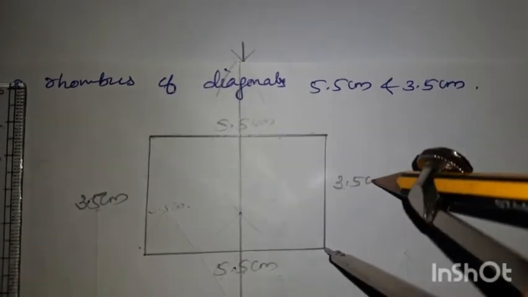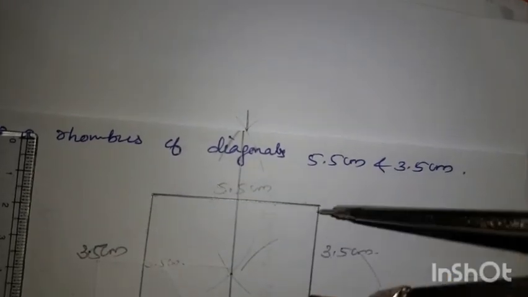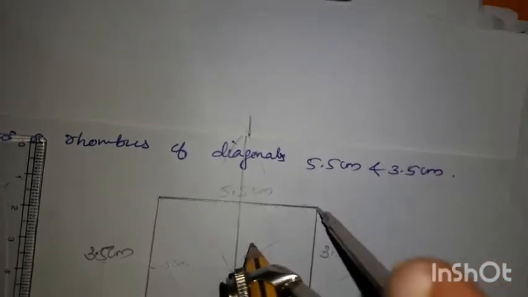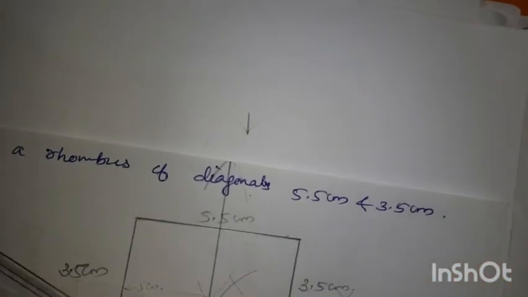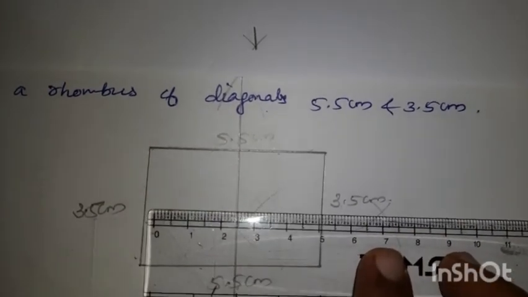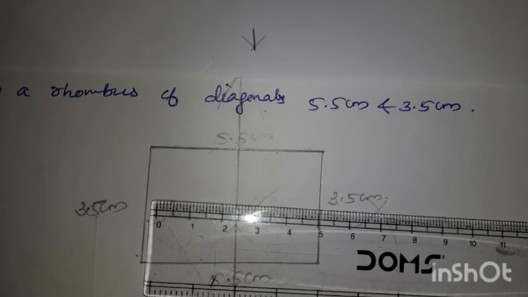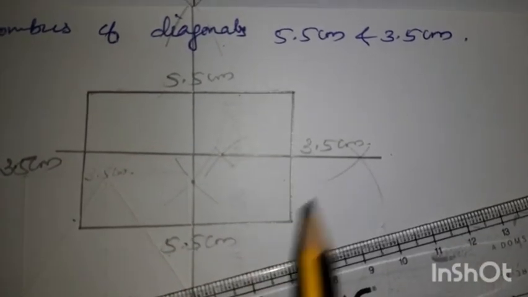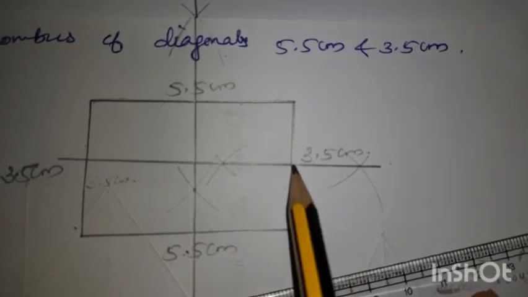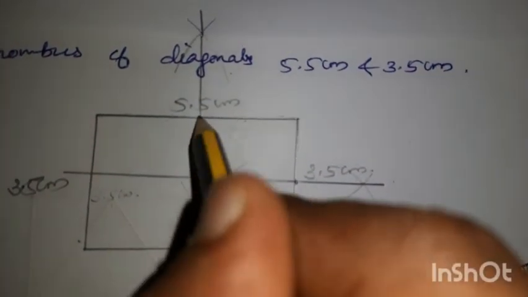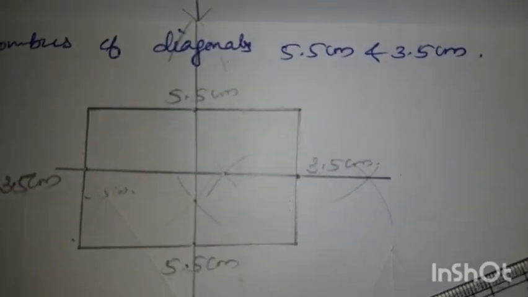Take more than half. From both the ends, draw the arc and draw a line here. So draw the bisector for 3.5 also. Then you have to mark this. These are the midpoints of the rectangle. Okay.